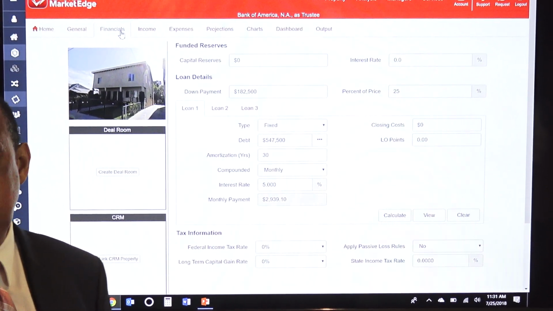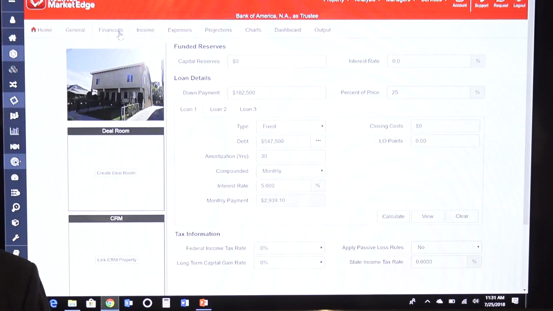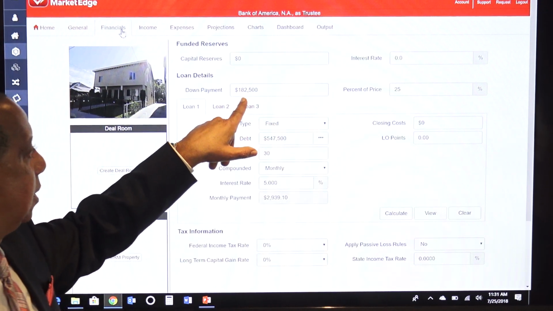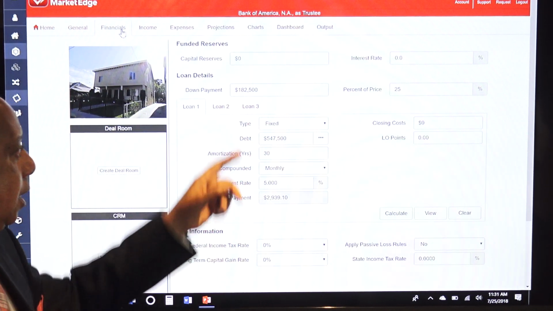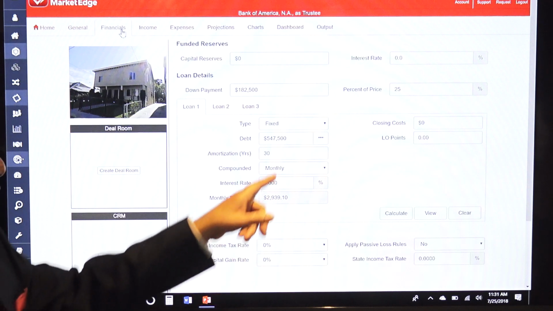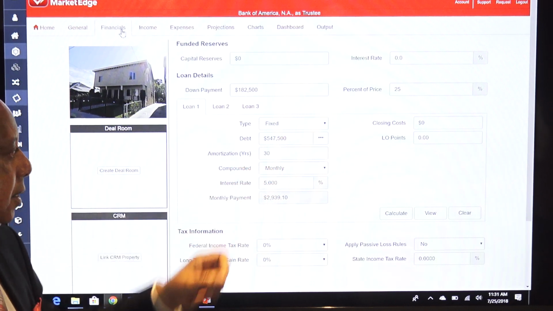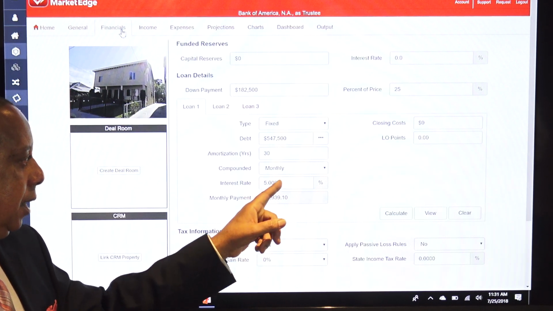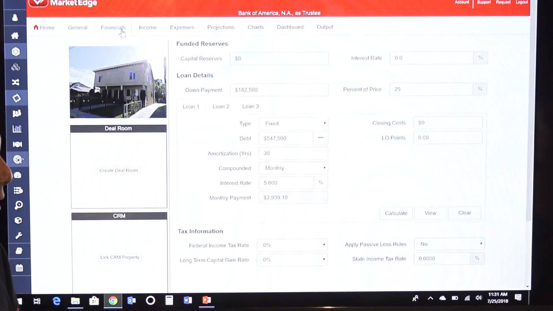And in order to make your DCR work, you may need a higher down payment. But let's just do 25%, which means the down payment is 182,000. Your debt service, the mortgage, is going to be 547,000 at an interest rate of about 5%, which gives you a monthly payment of about 2,939.